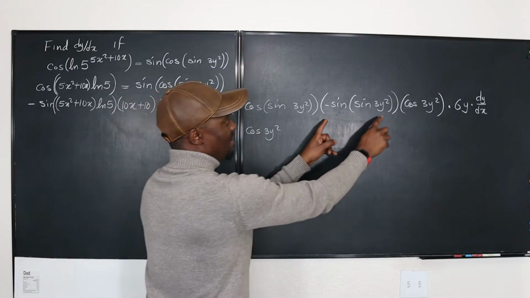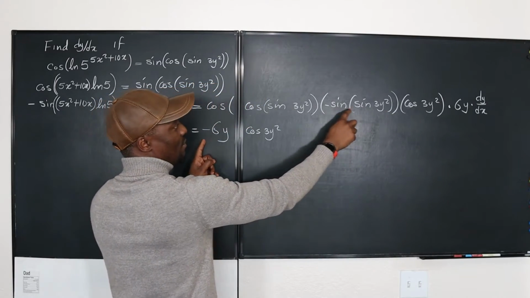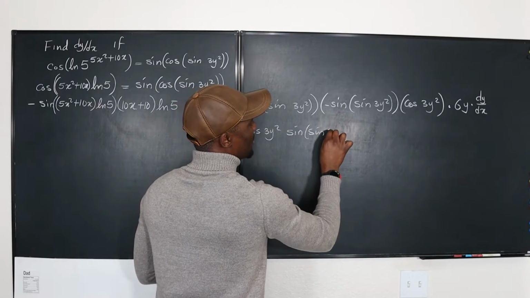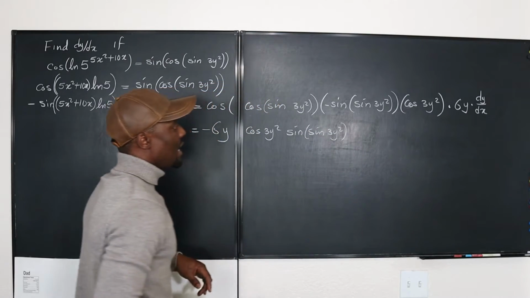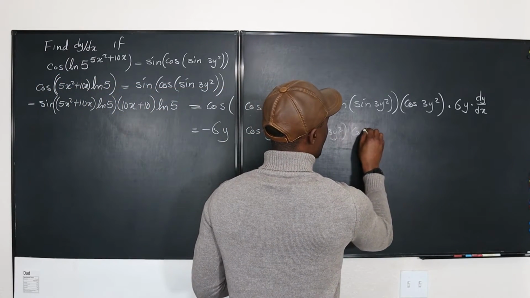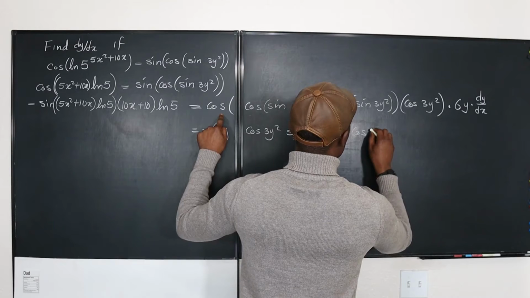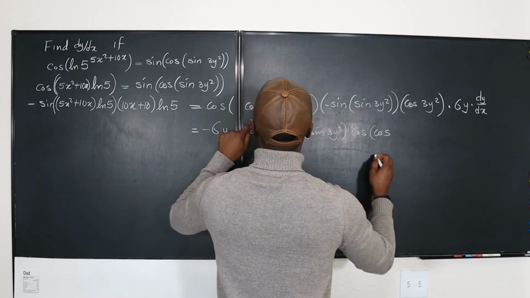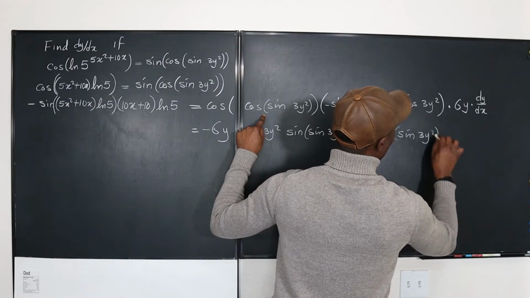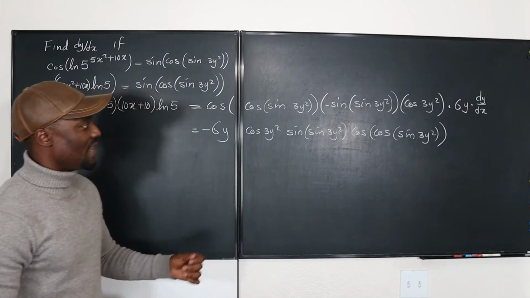And then this is even smaller, but the minus is already out, so I'm just going to write sine of sine 3y squared. And the next one is the last one, which is the most complicated, which is the cosine of sine 3y squared.